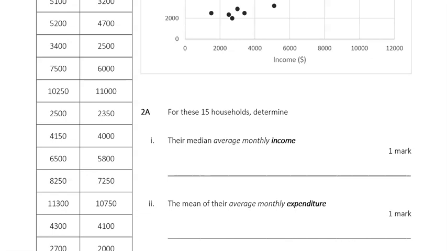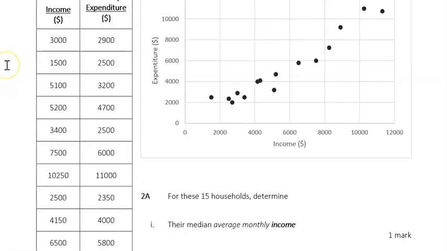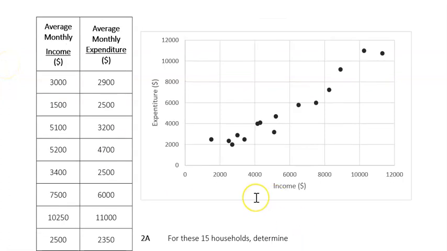If we were to read forward, we also know that we're going to need to find the Pearson's R value for this set of data, and then also the coefficient of determination. So it is worth putting this data into our calculator now so that we can quickly calculate that median and mean value and then also be able to find the R and R squared value. So let's put that information into our calculator and then we'll find those particular numbers we need.